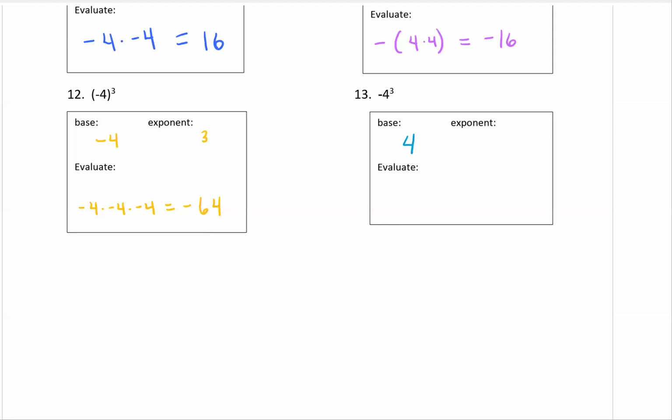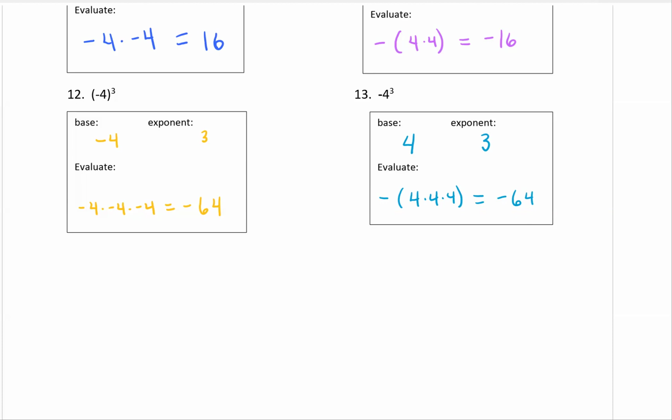That exponent of 3 only goes to the base of 4. To evaluate this, again, this is the opposite of 4 times 4 times 4, which is -64. And you can see when you have an odd exponent, 12 and 13 are the same. But it's very different when you have 10 and 11. Your answers are not the same. 12 and 13, your work is not the same. Notice the base and notice the exponent.